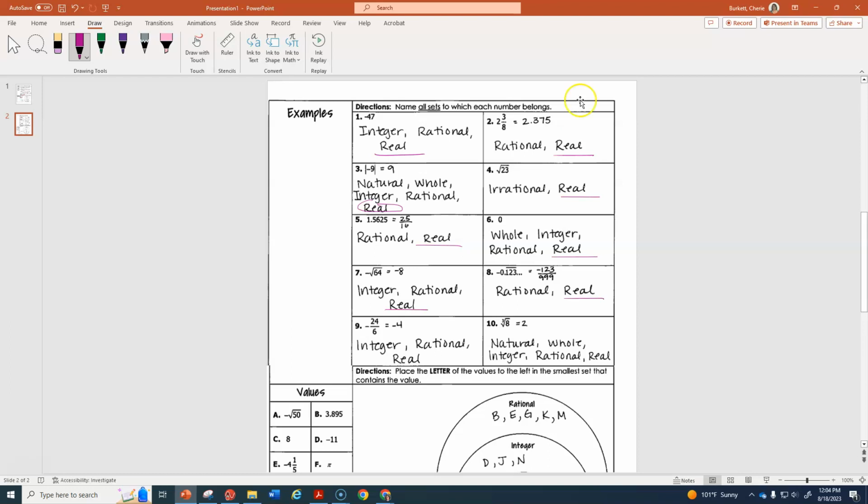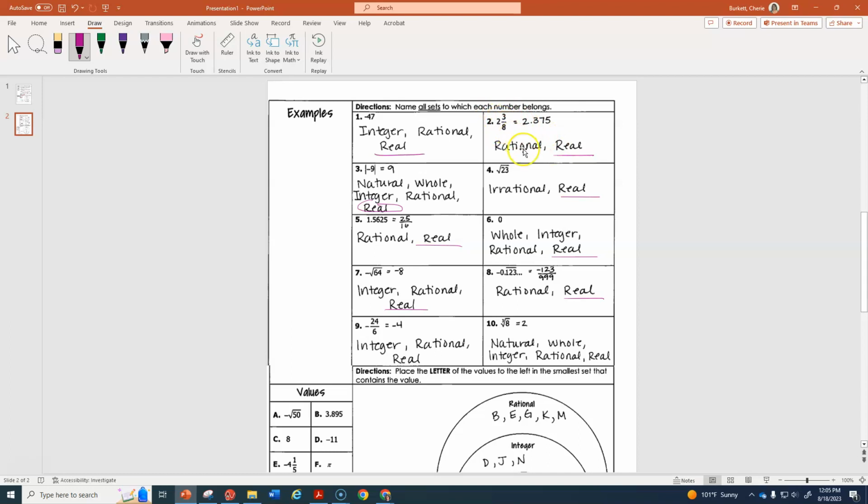So the first thing you need to do is figure out, do they have a decimal or not? This one does not have a decimal, so we know it's rational. So they're all real, no decimals, rational. It's a negative, so it's an integer. So how would I rate this one? It's real.